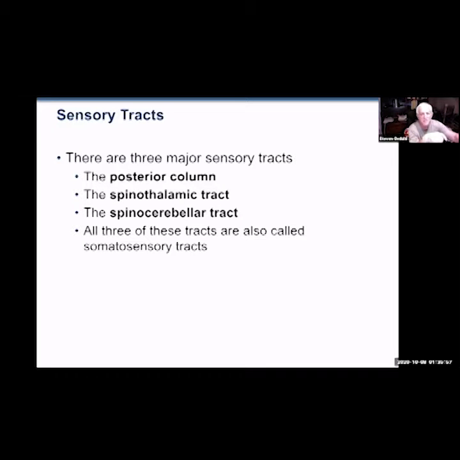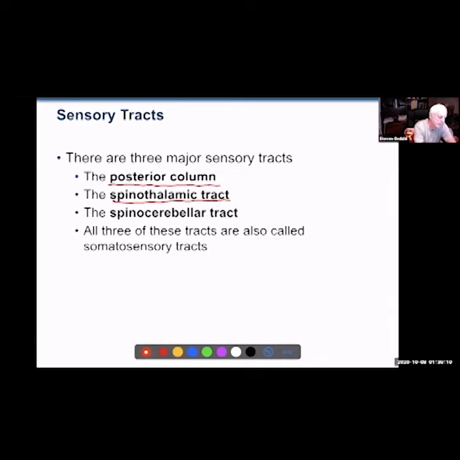You have three major sensory tracts. You have the posterior column. You have the spinothalamic tract. And you have the spinocerebellar tract. The spinothalamic tract starts in the spinal cord, ends in the thalamus.